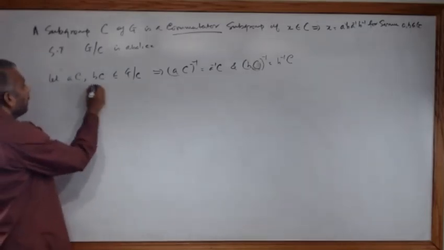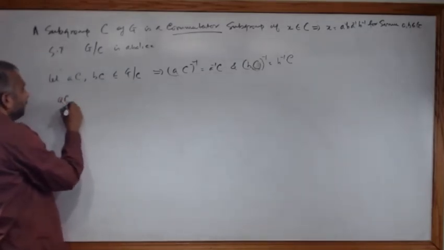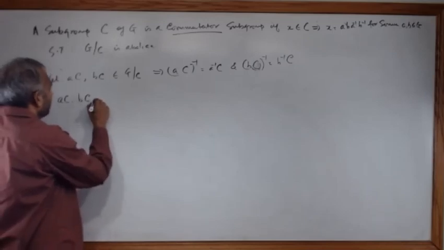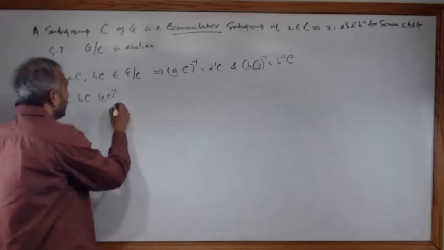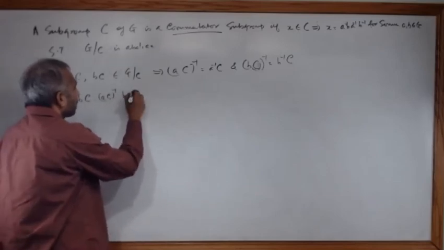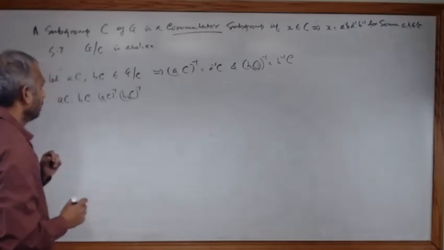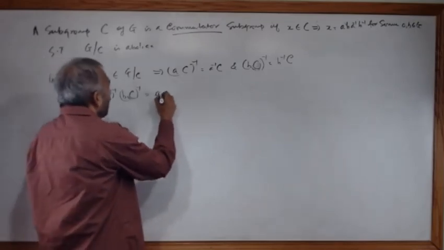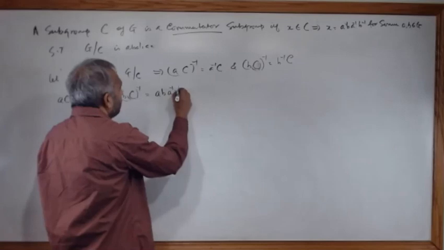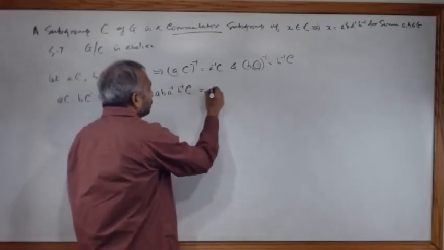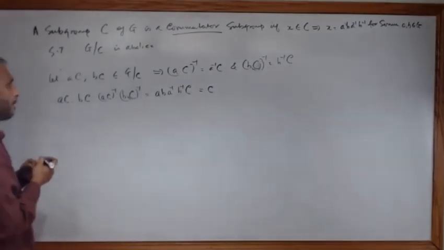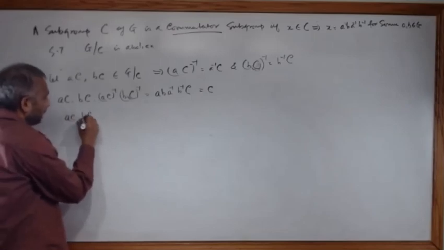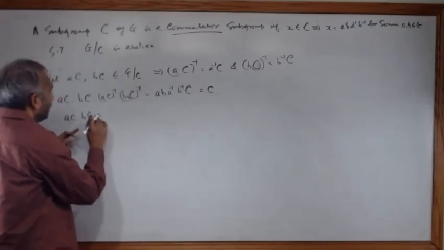So we'll multiply aC times bC times (aC) inverse times (bC) inverse, which is equal to a b a inverse b inverse C, and that is equal to C. So what does this mean? aC times bC is equal to, let us take one by one.